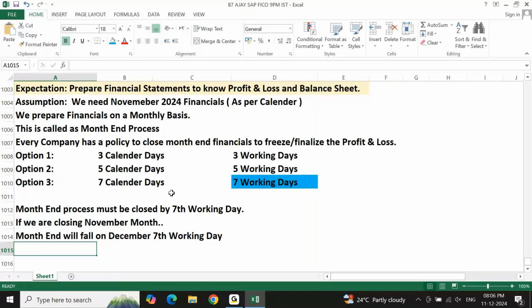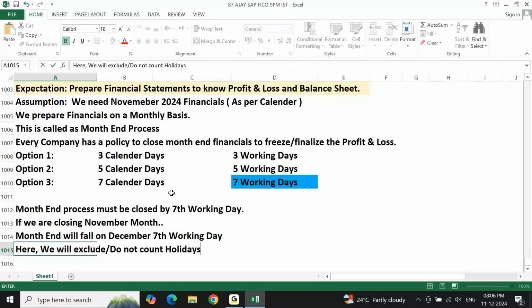Yes. Right? Here we will exclude or not count holidays and weekends. Yes, no? Yes.